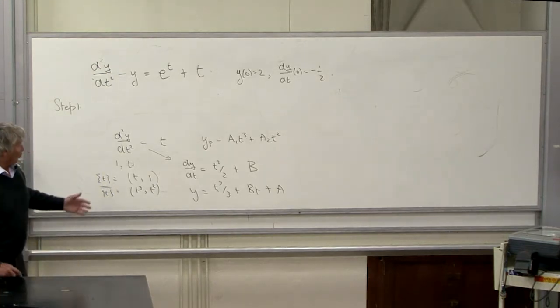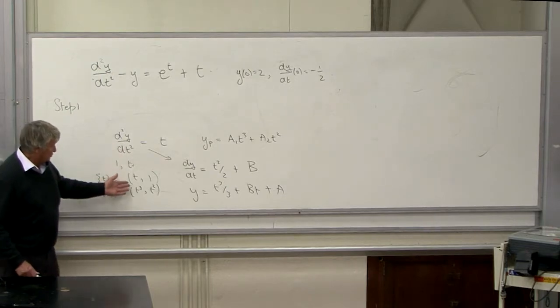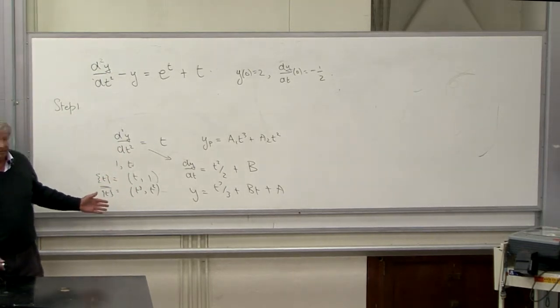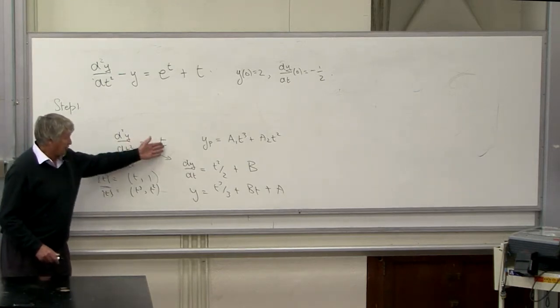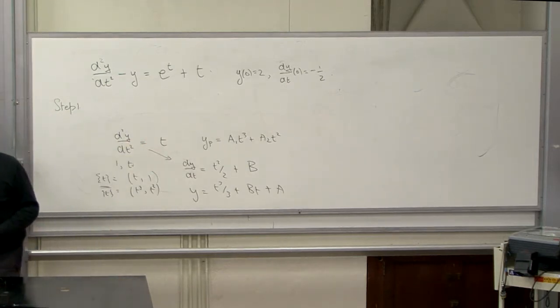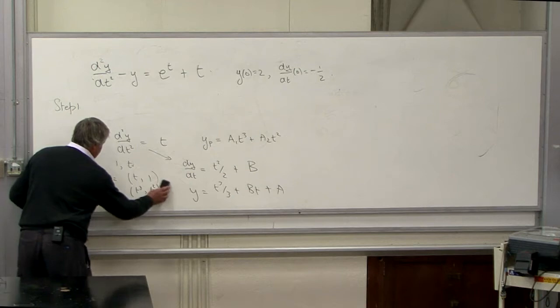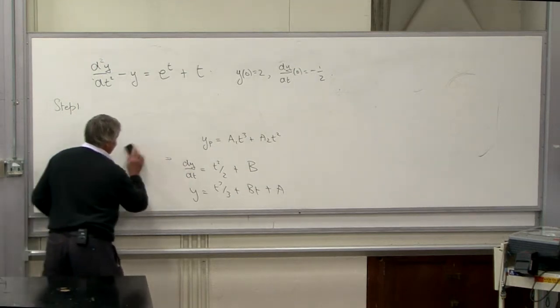So you can see why you have to multiply the members of the auxiliary set: you're resonating with the right-hand side, which is forcing the left-hand side very strongly. Okay, let's go back and start doing this example now. These are good questions.